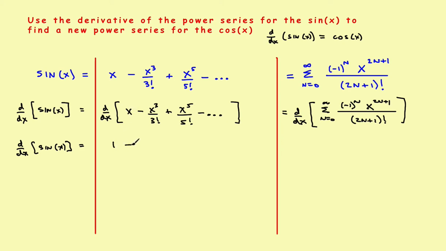Then minus, and the derivative of x cubed would be 3x squared. Again, just find the derivative of each term, and the 3 factorial is a constant. Then, using the power rule, the derivative of x to the 5th would be 5x to the 4th divided by 5 factorial, and then minus, and so on.